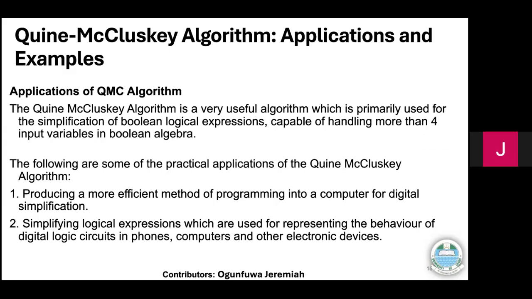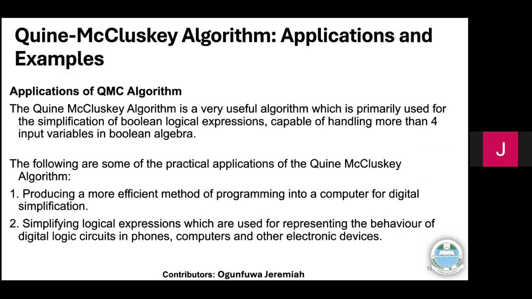Okay, good day everyone. So continuing on the Quine-McCluskey algorithm, this algorithm is a very efficient algorithm that is used for Boolean logic expressions. It overcomes the efficiency of other Boolean simplification methods such as Boolean algebra or Karnaugh maps.